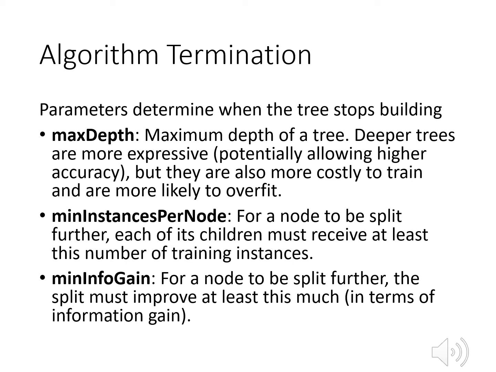Another parameter is the minimum instance per node. This is to specify the number of training instances a node has to include. So with a lower minimum instance per node, the tree will tend to have more leaf nodes.